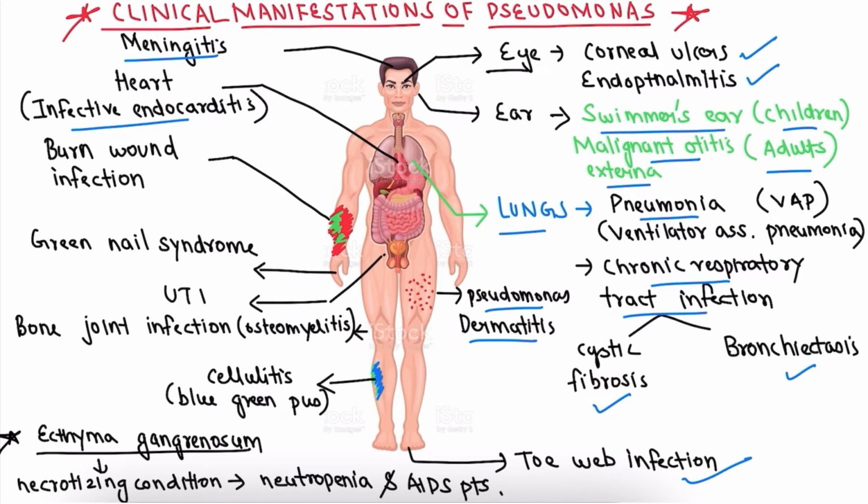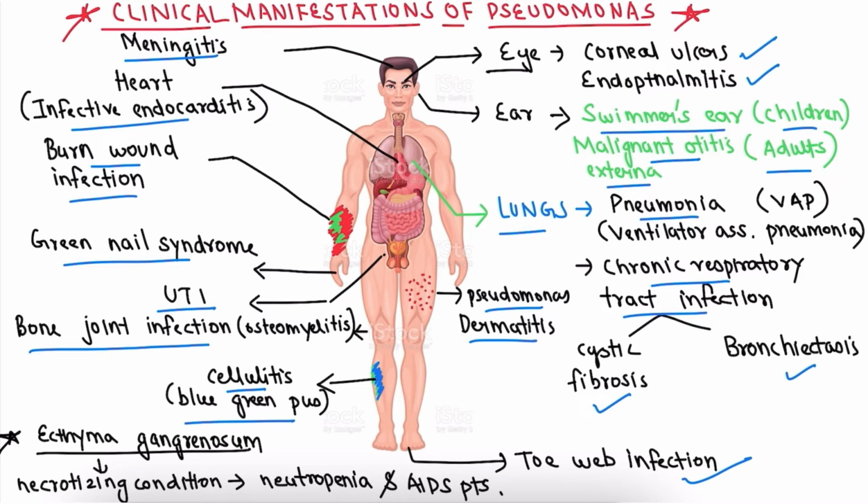And the most important one here is that it is responsible for burn wound infection. It also produces green nail syndrome and is also responsible for UTI, bone joint infection, osteomyelitis and cellulitis. The characteristic feature, blue-green pus, is seen in cellulitis by Pseudomonas.